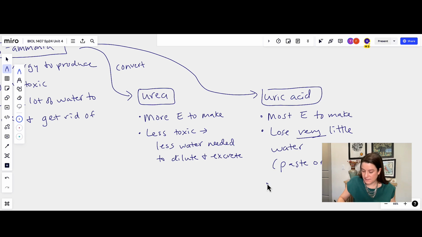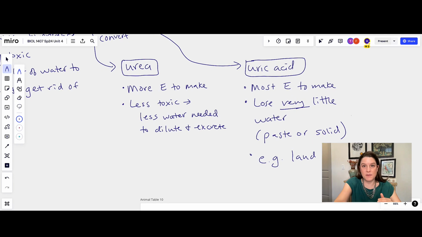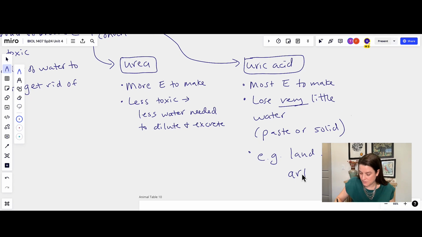So we see these in a lot of organisms that are living on land. Urea can be living on land too, but uric acid is particularly adaptive. So for example, we see these in land snails, and arthropods are going to be using uric acid. Particularly land arthropods.